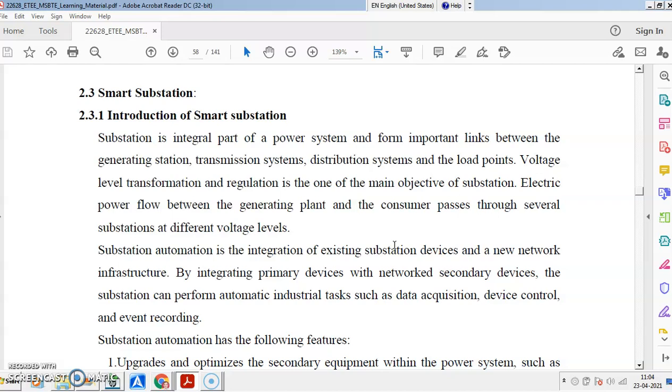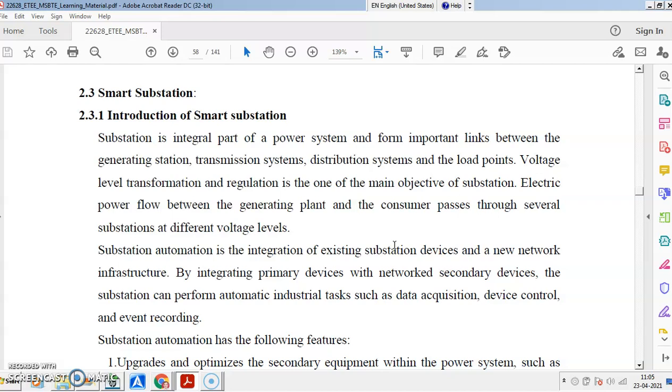As far as conventional substations are concerned, we know the basic component is the transformer. Then at the substation entry point, where lines are terminating, there is a lightning arrestor, then a circuit breaker, then an isolator, then again a circuit breaker, then the transformer, then the primary bus bar.